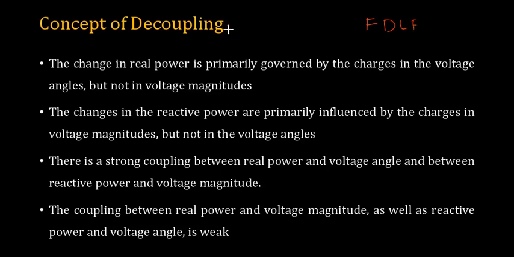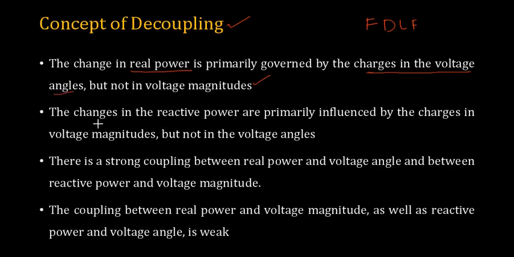So in power systems we have a concept of decoupling, where we say that the changes in real power are governed by the voltage angles but not the voltage magnitude.